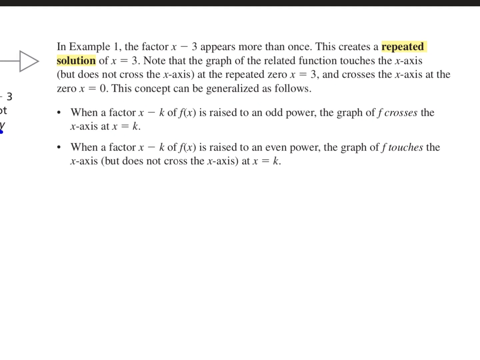It says when a factor is raised to an odd power, so when we only have one of them, it crosses the x-axis. If it's raised to an even power, so something like that x minus 3 squared, when I have 2 of the x is equal to 3, it touches the x-axis but does not cross.